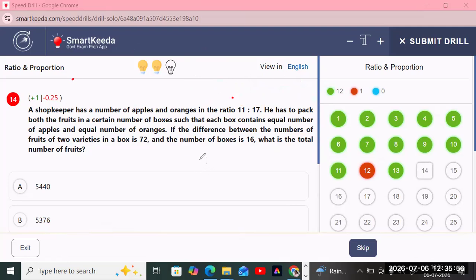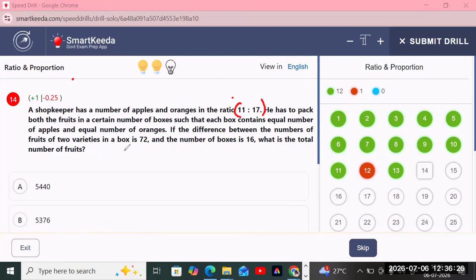What's the difference between the number of fruits of two varieties in... Yes, you have to make the ratio also. The difference between the number of fruits of two varieties in a box is 72.